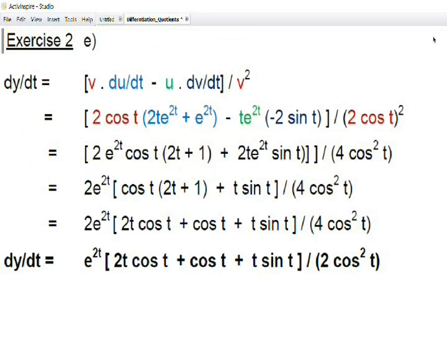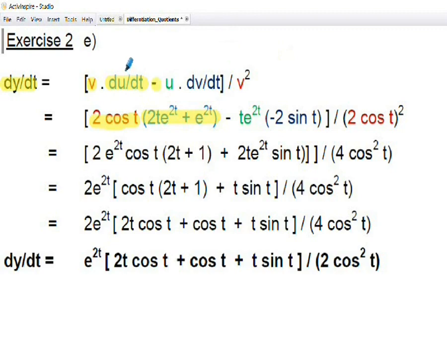Continuing the solution, I'm now going to differentiate using my quotient rule, so I'm finding dy by dt. My v term in this case is 2 cos t. I multiply that by my du by dt term, which in this case from the product rule is 2t e to the 2t plus e to the 2t.